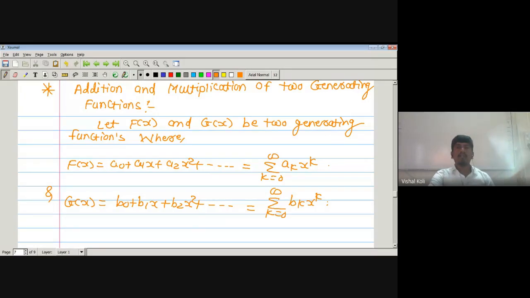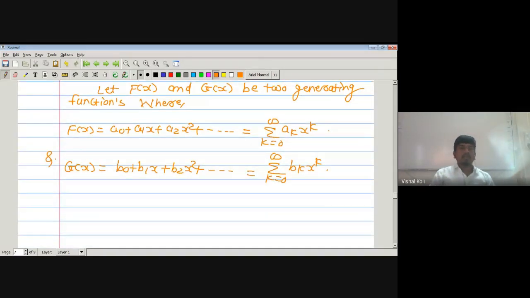Now we have to take the addition of these two generating functions, which implies its addition f(x) plus g(x) is nothing but we have to add, that is, take the sum of the corresponding coefficients. As here a naught and b naught are constants, take these two terms in one bracket. Now we have to take the addition of the coefficients of x.